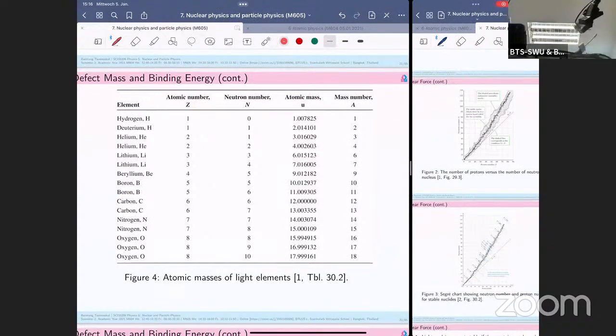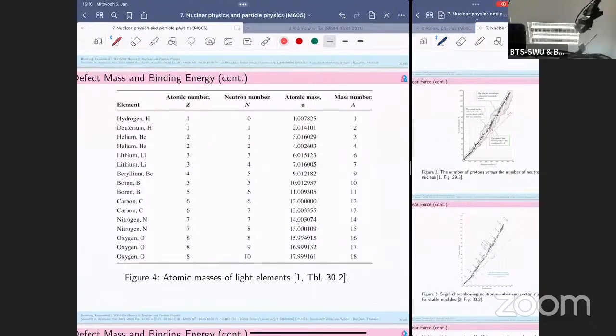Okay, the first hydrogen has nothing to do with excess mass and so on. But from deuterium we start to have neutron, and this is the place where we start with binding energy.